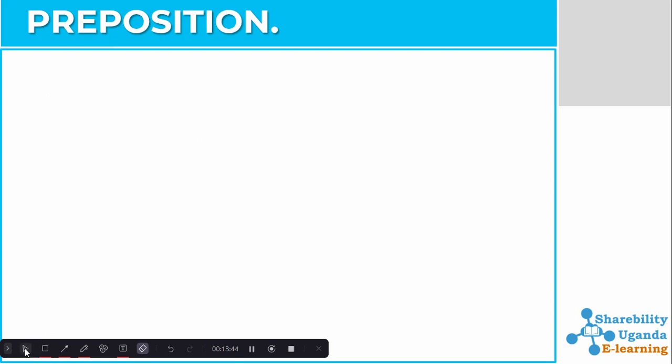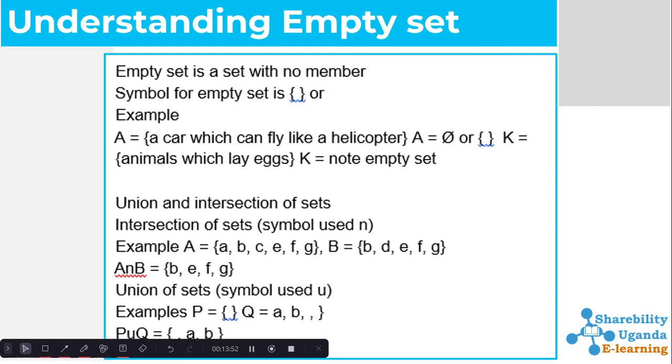Now here we can move on to another category of sets. We have looked at intersection of sets. Then let's look at the union of sets. In the union of sets, we use our symbol, which is U. With our example which is given, we have P is equal to this bracket and also this bracket, then another bracket which is inside.